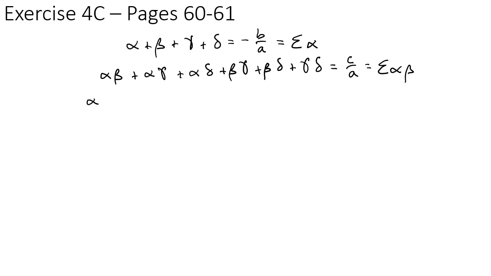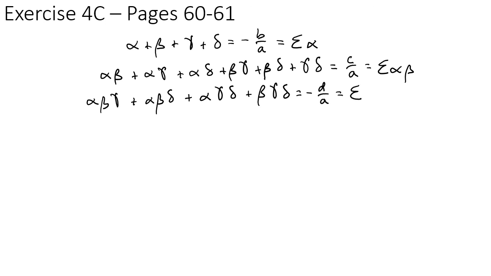Then the three roots, alpha beta gamma plus alpha beta delta. You'll see it here, it's just basically every combination, plus alpha gamma delta plus beta gamma delta is -D over A, which we can write as the sum of alpha beta gamma.